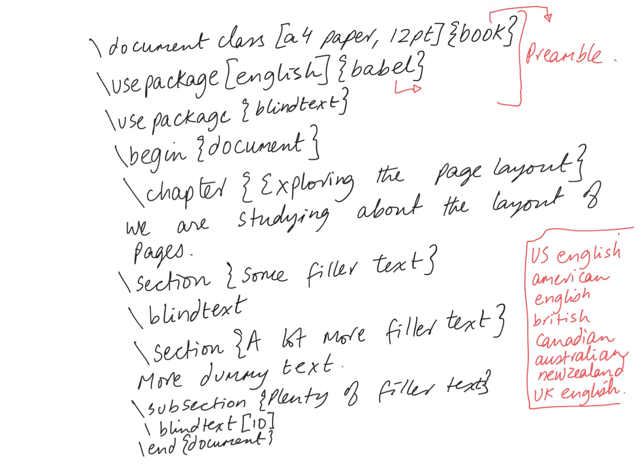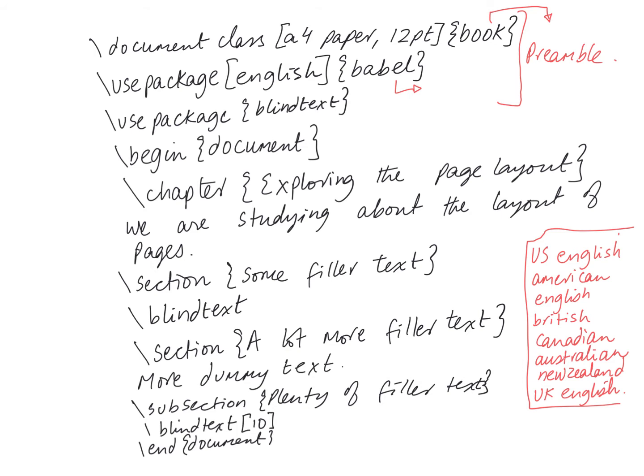And then we used blind text. As I stated earlier, blind text is just random text that it picks up. And then we use the chapter, which produces a large heading. And then the section command, which produces the second sectioning level and generates a smaller heading. Then the chapter heading.